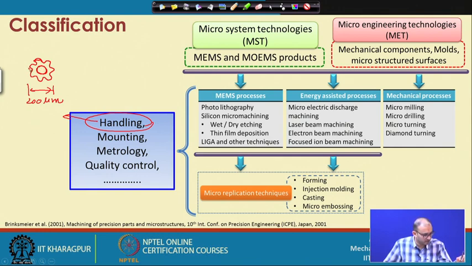So, what people do, when they are making these particular things by molding or casting, they provide one additional feature here, something like this. So, now you are not touching the gear, but you are actually handling by this particular additional feature.